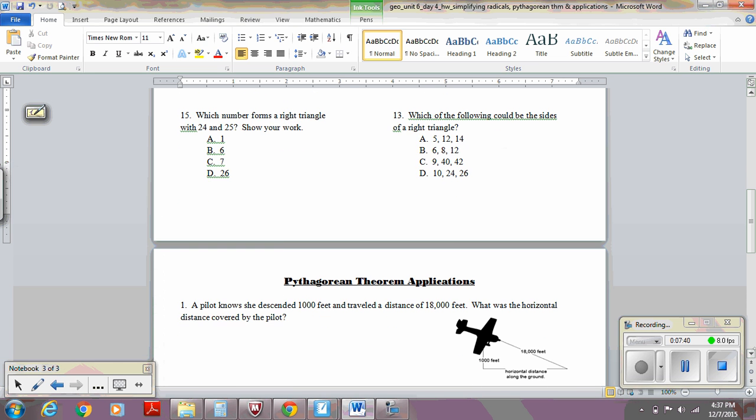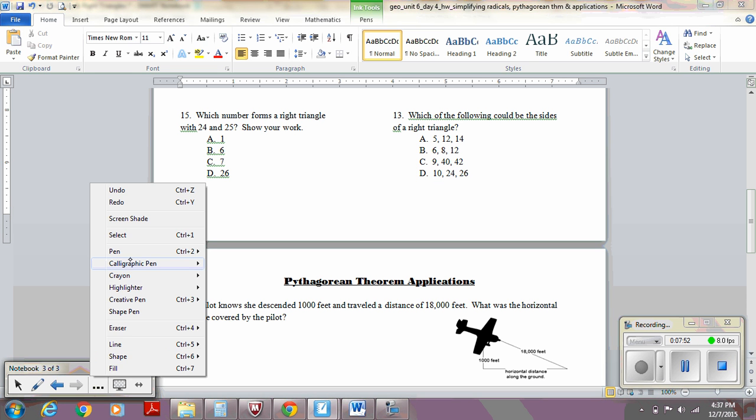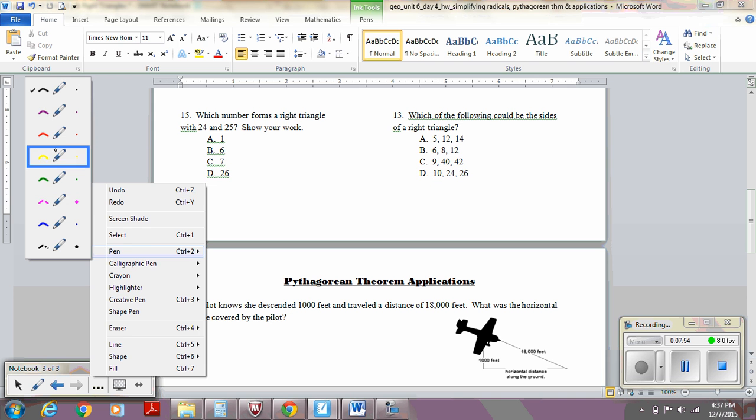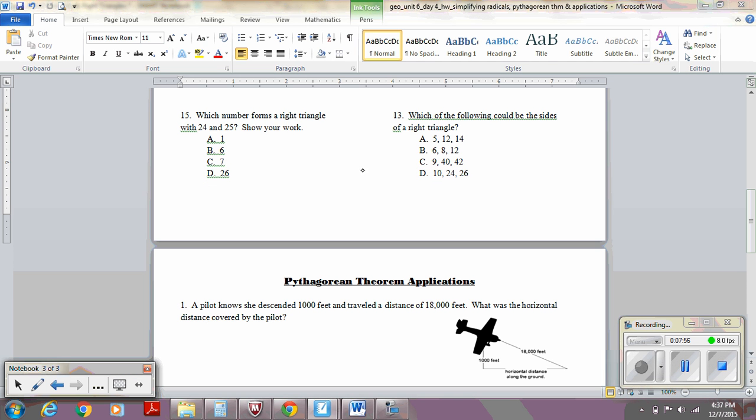Number 15 would like to know which number forms a right triangle with 24 and 25. Show your work. I should be able to take any one of these numbers and add it to 24 squared, and it should equal 25 squared.